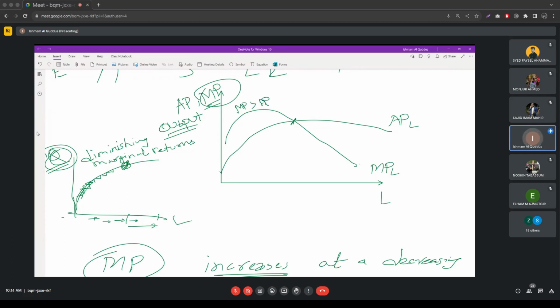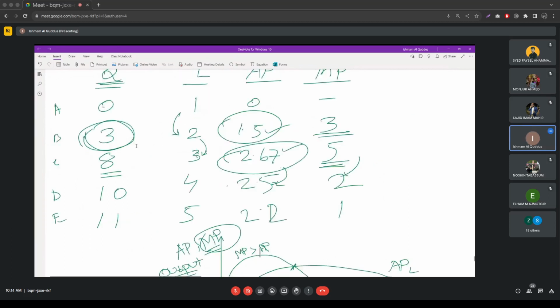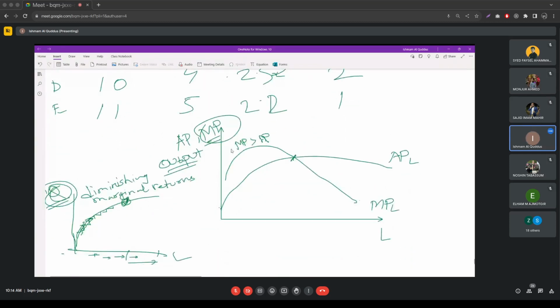But after some point, AP is greater than MP. Usually when this happens, after they coincide, you see AP becomes greater in terms of numbers than the MP. So it actually starts falling.